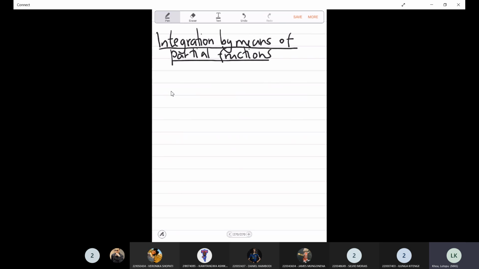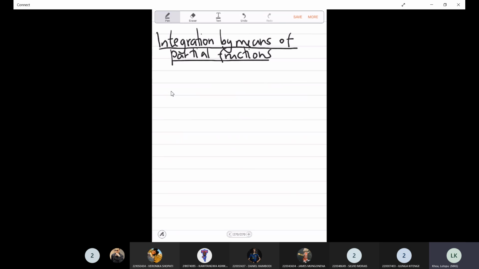Okay, so last semester we already learned about partial fractions and how to decompose a fraction that you're given into its partial fractions. So I'm not even going to go into details of how we would do that. So you should know how to break down a fraction into its partial fractions.